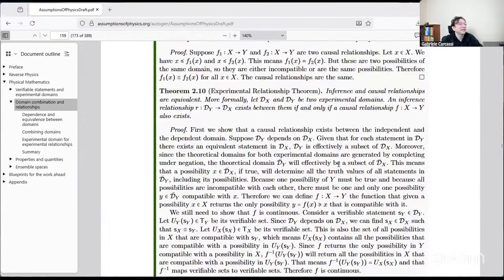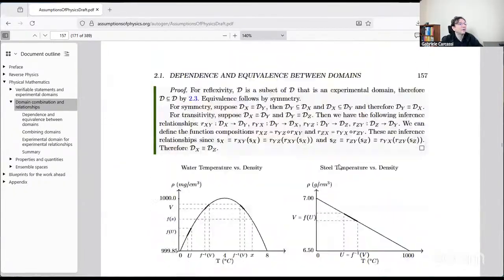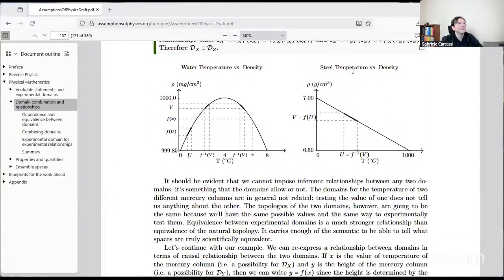And this is the case, for example, of the steel temperature versus density, because the relationship is linear, or at least, for some ranges, the relationship is bijective, and therefore every single open interval on the density becomes a single open interval on the temperature, and vice versa.